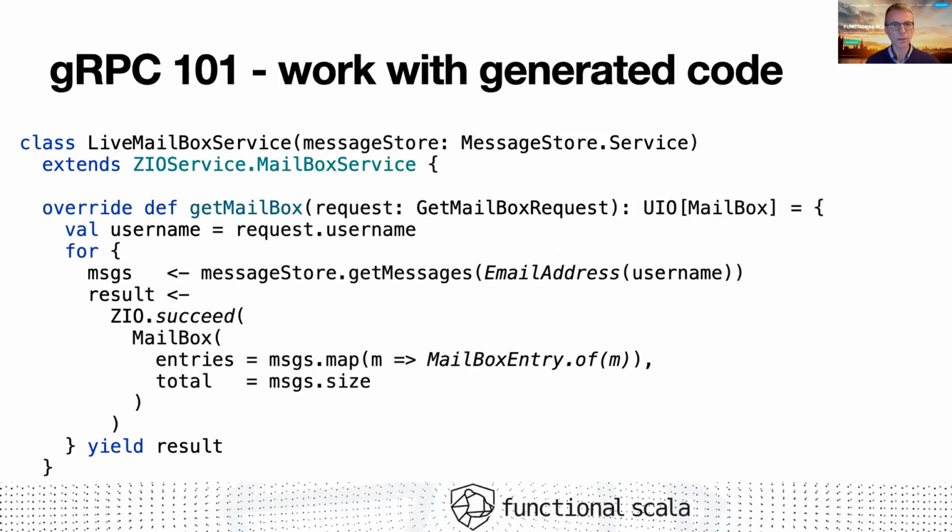Ask it to give us all the messages for a particular email address, and then we can return it. And you can see that the return type is in this case just a Mailbox. The mailbox contains the mail entries for this particular user. So that doesn't seem too hard to implement.